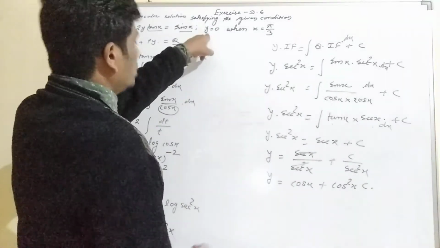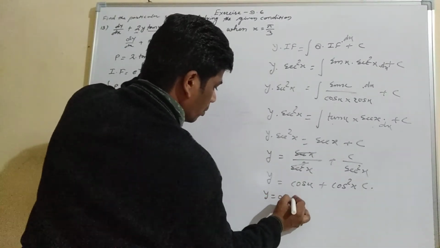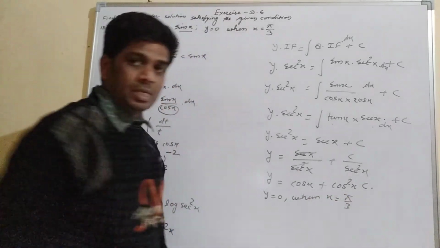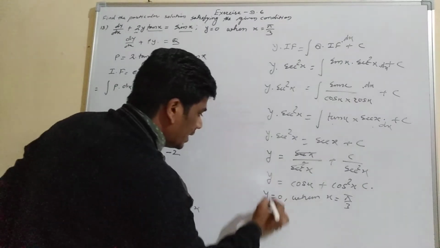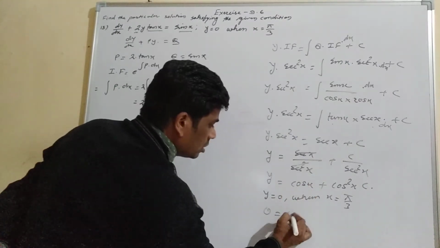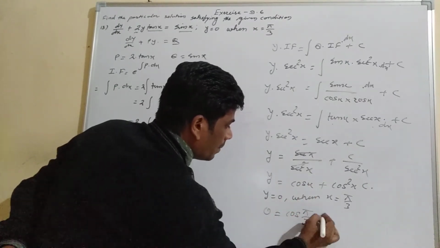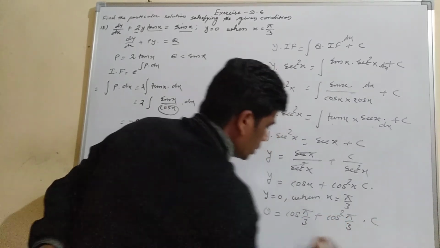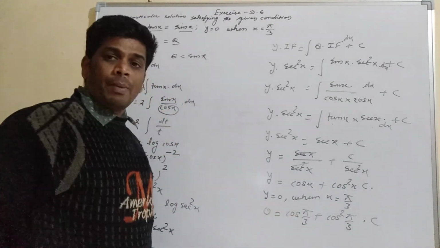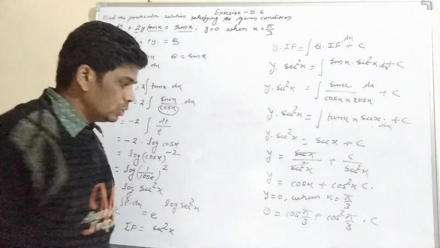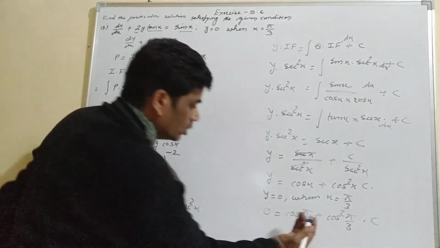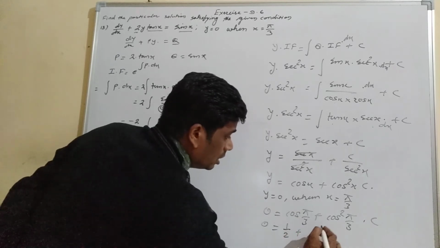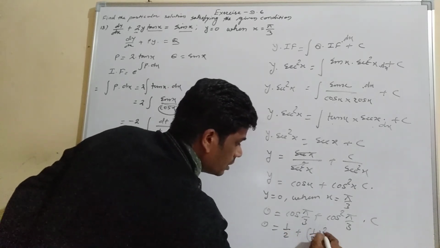Now we will substitute y equals 0 when x equals pi/3. Pi/3 means 60 degrees. So we will write 0 equals cos pi/3 plus cos square pi/3 into c. Cos pi/3, that is cos 60, is 1 upon 2. So we get 1/2 plus (1/2) square into c.